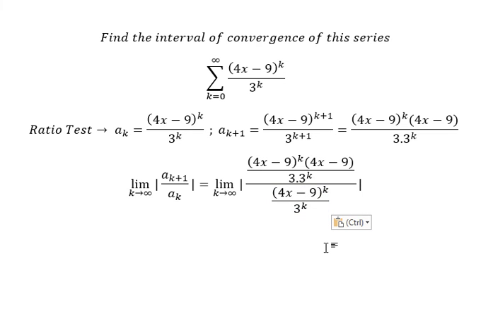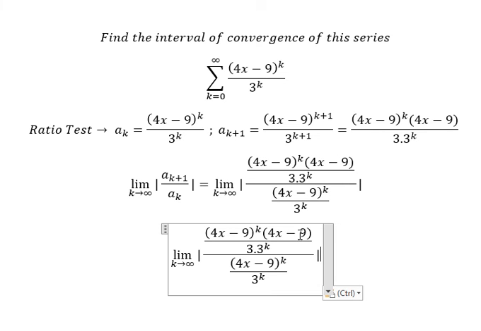If we simplify everything in here, you will get (4x minus 9) over number 3.